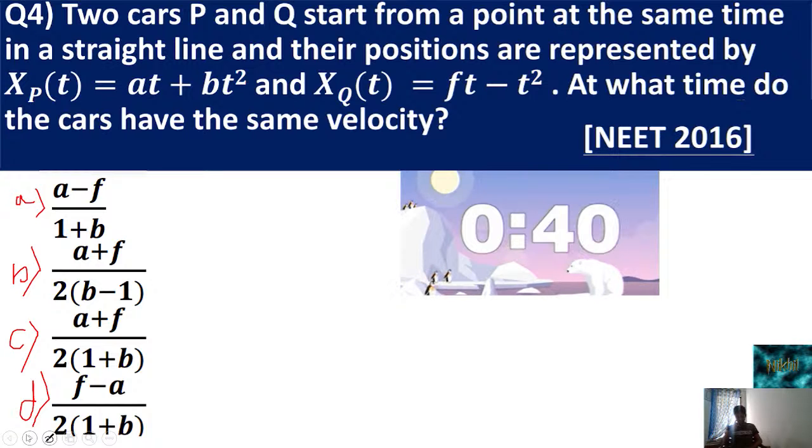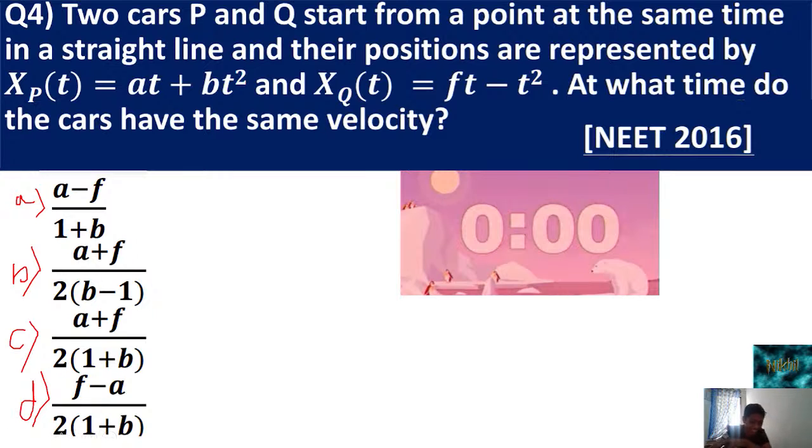Take full time to solve it, no problem. 30 seconds left, solve it fast. Only 15 seconds left for you all. And now the last 5 seconds, and time is going to be up.